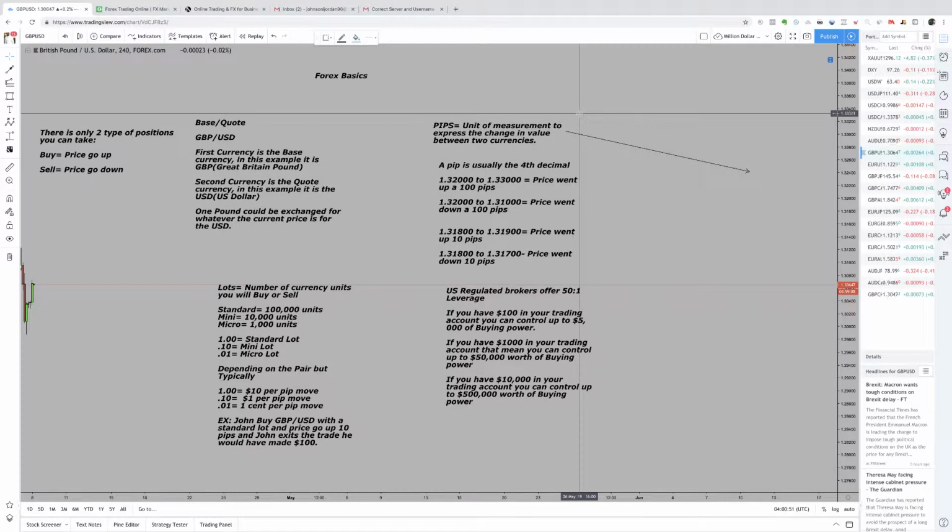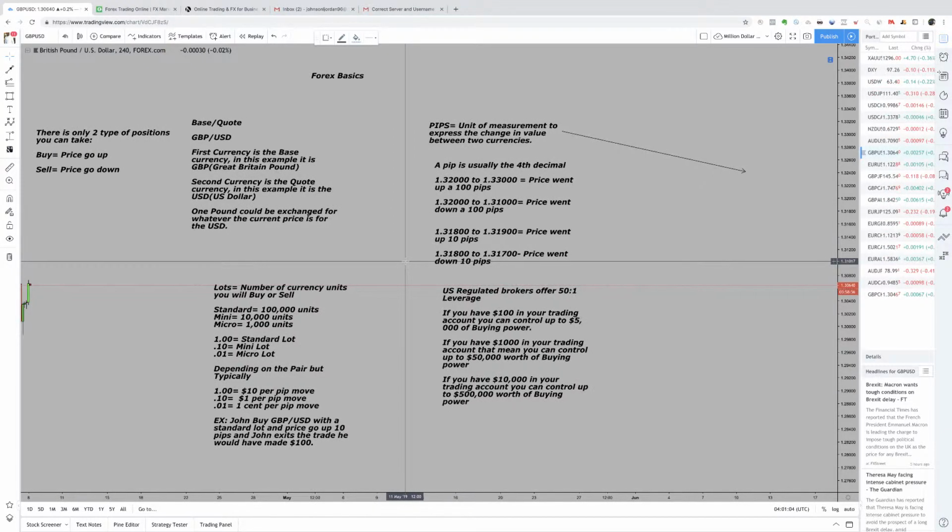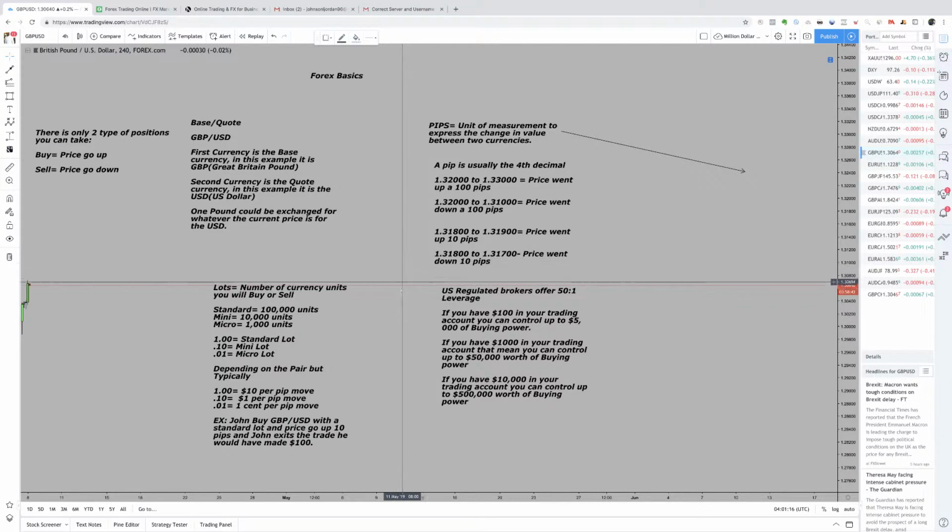Now, here comes the money aspect of it, you all. Depending on the pair, but typically 1.00, which is a standard lot, usually equates to about $10 per pip move. 0.10 equals about $1 per pip move, and 0.01 usually pays out 1 cent per pip move.